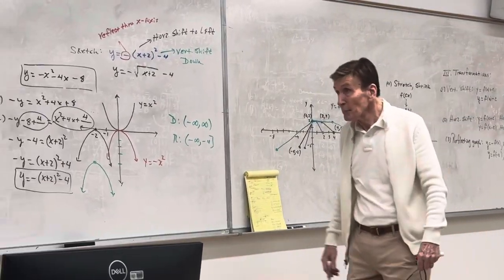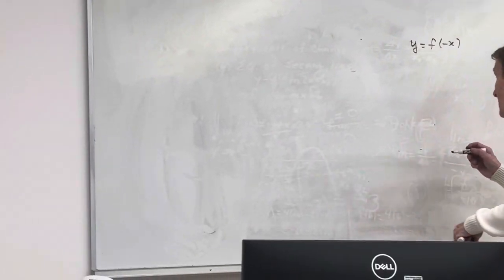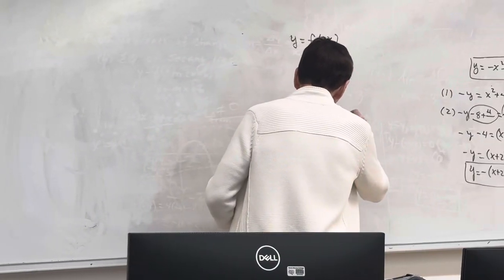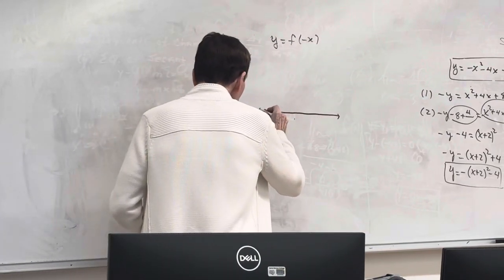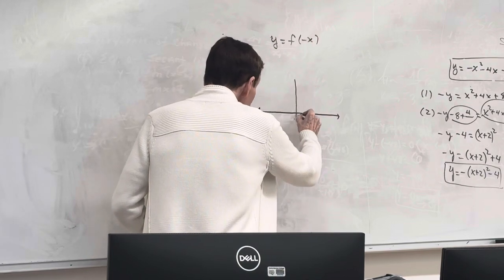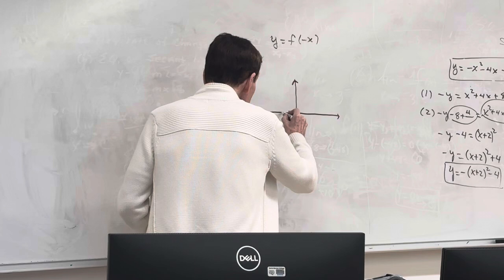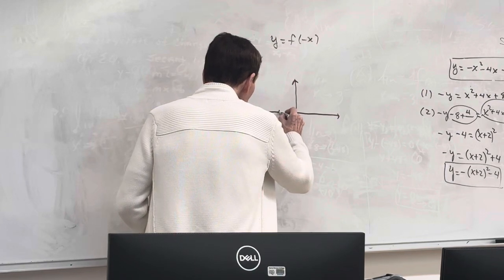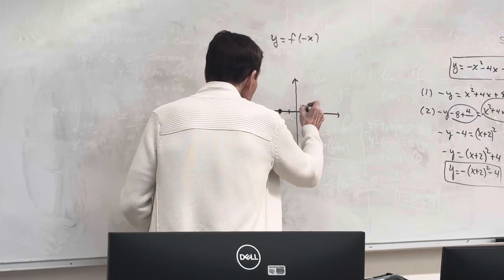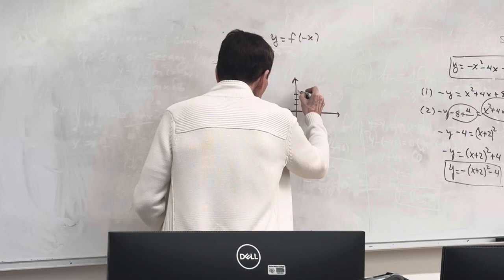Okay, let's do an example. Let's say the graph now looks like this. I'll make it very, very brief, and then we'll move on. You guys have done a good job on this. So -2, point here. Then you go up to 4.